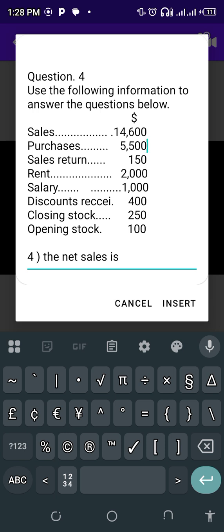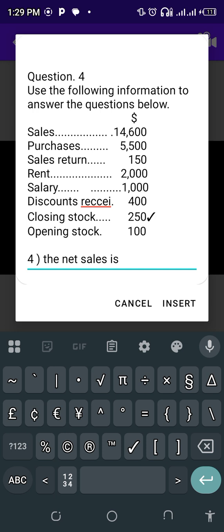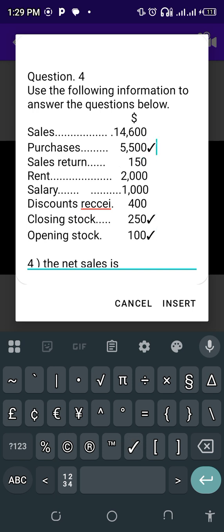Opening stock 100 plus purchase 5,500 will give us a total of 5,600. 5,600 minus the closing stock, which is 250, gives us 5,350. So in this computation we use opening stock plus purchase, then less closing stock.